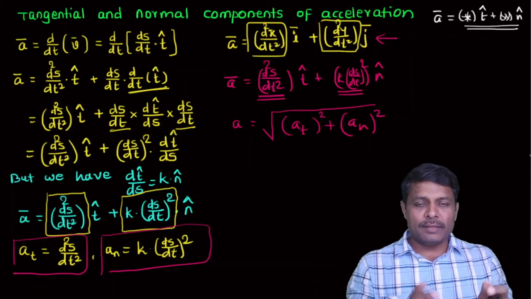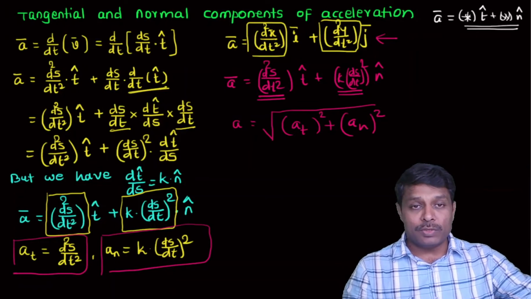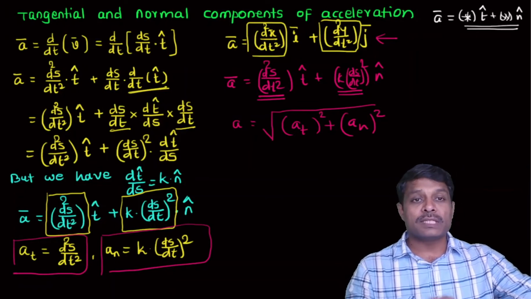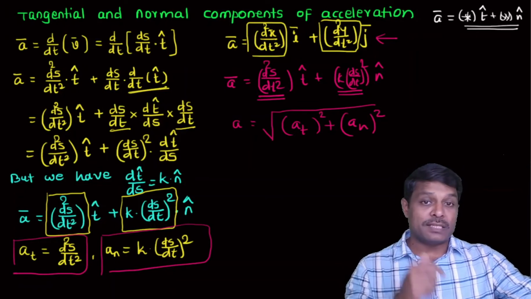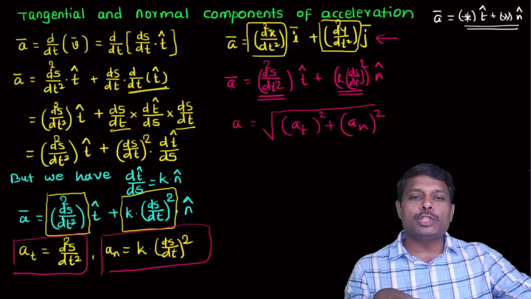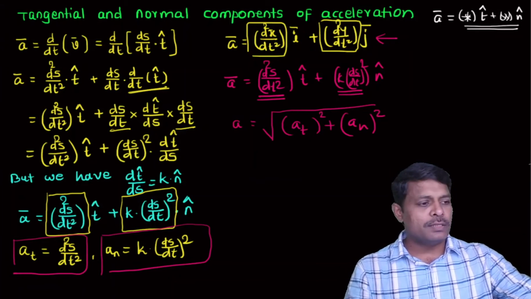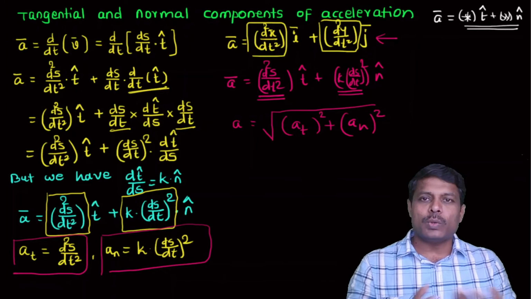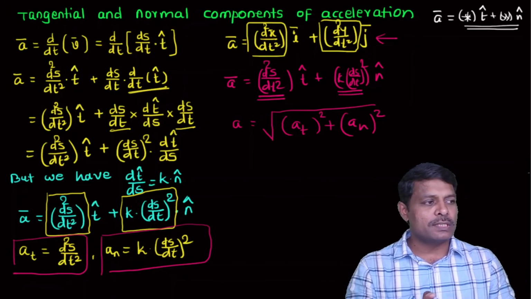Squaring, adding, and taking the positive square root, you will get the scalar acceleration, that means the magnitude of acceleration. These are the two things you have to consider.